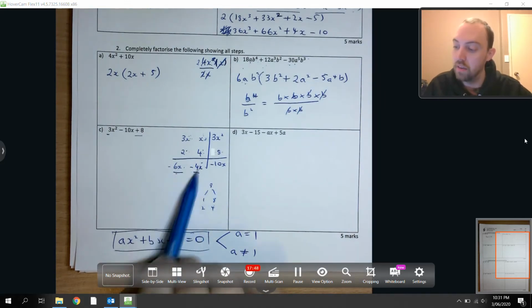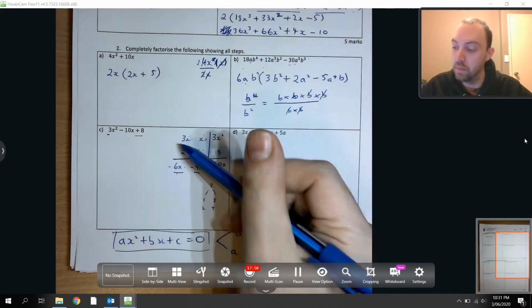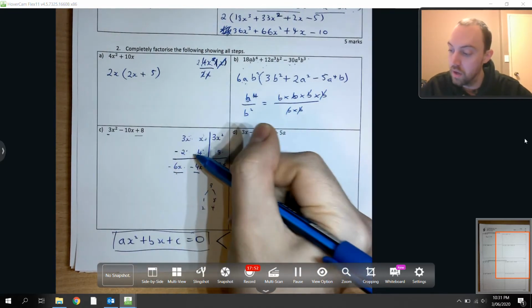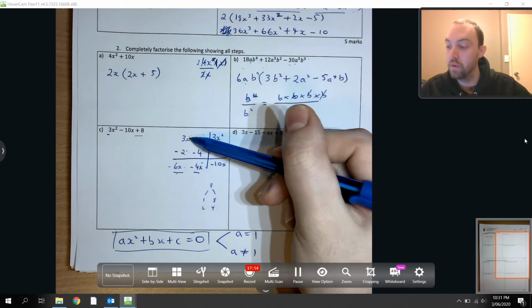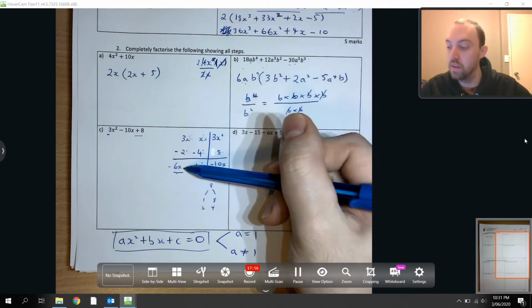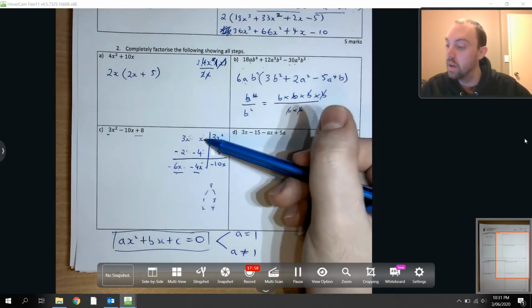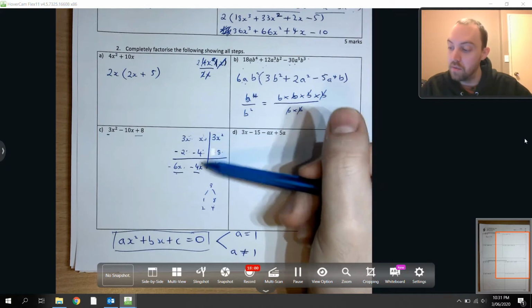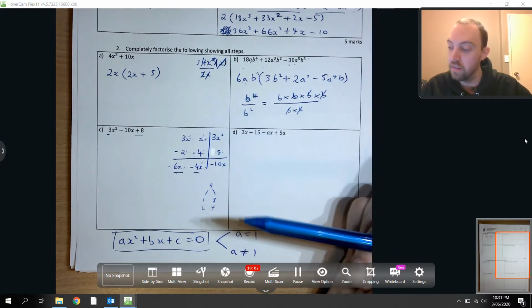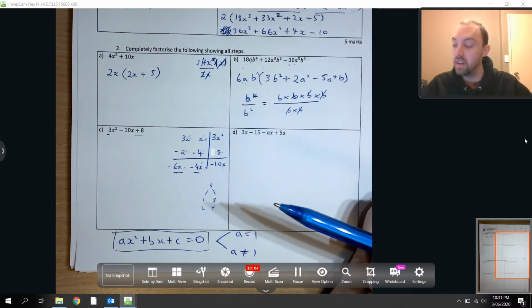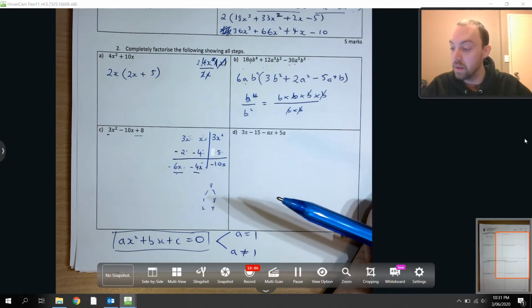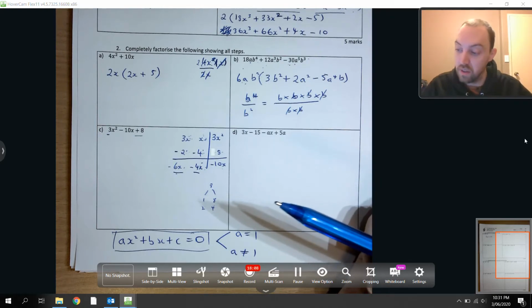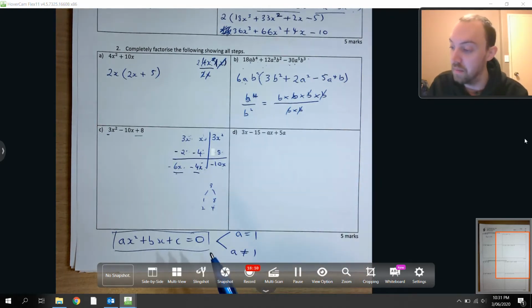So these minuses have got to go somewhere up here in order to multiply them together. So negative 2 and negative 4. 3x times negative 2 is negative 6x. x times negative 4 is negative 4x, and we get negative 10x. I was actually intending to get that wrong to begin with, but it seems to have worked out despite my efforts.